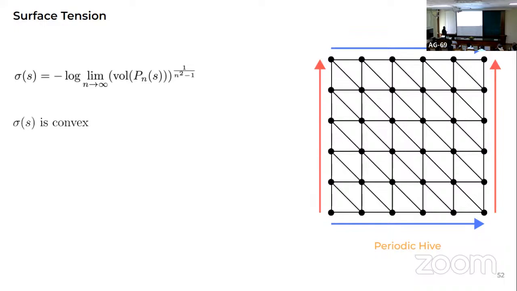How do you define volume? It's the Lebesgue measure in a high dimensional space, and it's n square minus 1 dimensional. Let's consider side n, so there are n square vertices, and there's another condition that the average of the values is 0. So the degrees of freedom are n square minus 1. In this space, we define an upper bound on the slack.